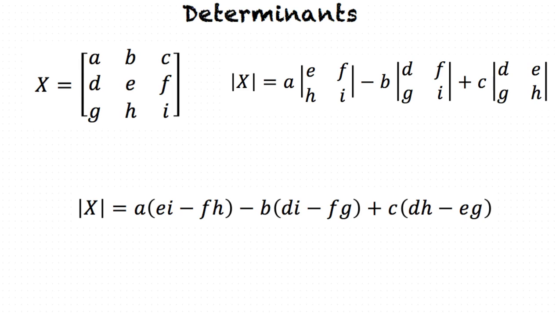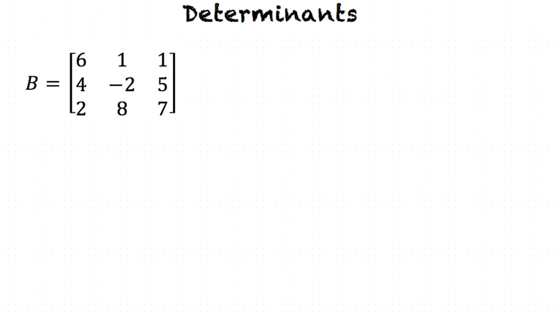Our matrix will be B equals row 1, 6, 1, 1, row 2, 4, negative 2, 5, row 3, 2, 8, 7.